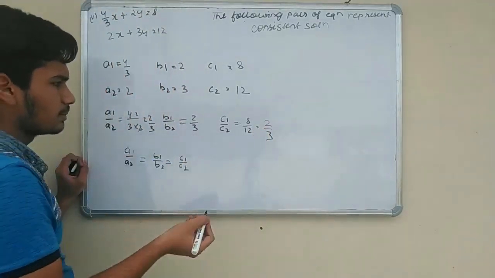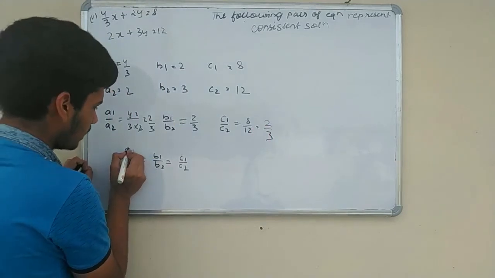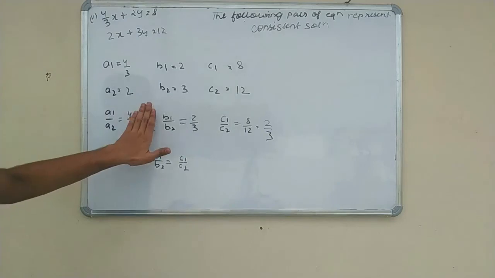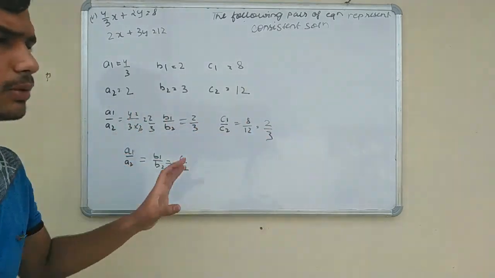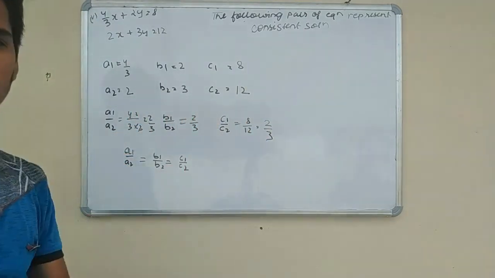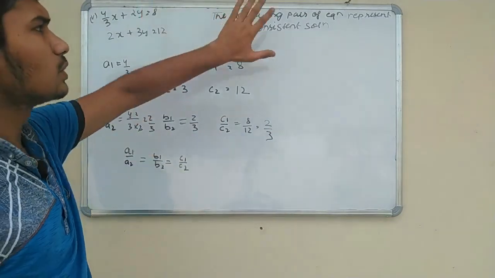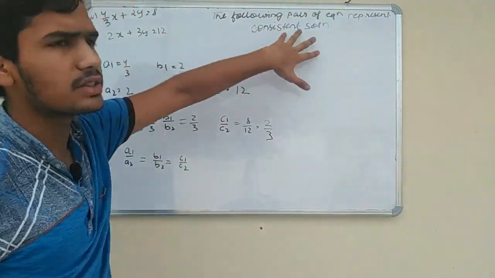So all the ratios are equal, 2 upon 3, 2 upon 3, 2 upon 3, then it represents coincident lines, and coincident lines have a solution, so the following pair represents a consistent solution.